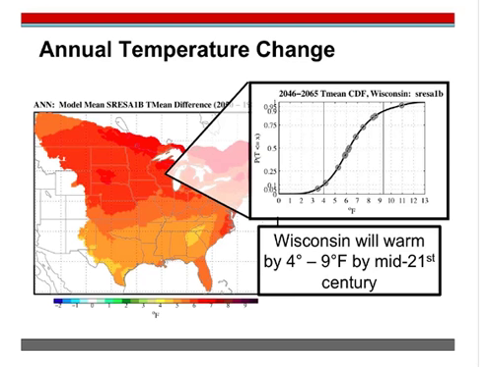So I would much rather say that Wisconsin will warm by 4 to 9 degrees Fahrenheit by mid-21st century. And that 4 and the 9 are quantified numbers here. What it means is that the 4 and the 9 are the 10th and the 90th percentile. So there's a 90% chance that the amount of warming we'll experience in Wisconsin will exceed 4 degrees Fahrenheit.